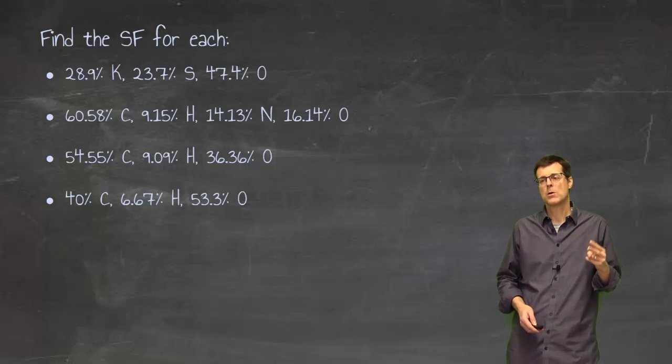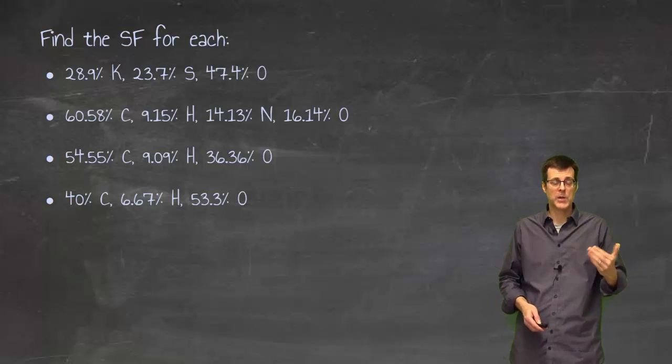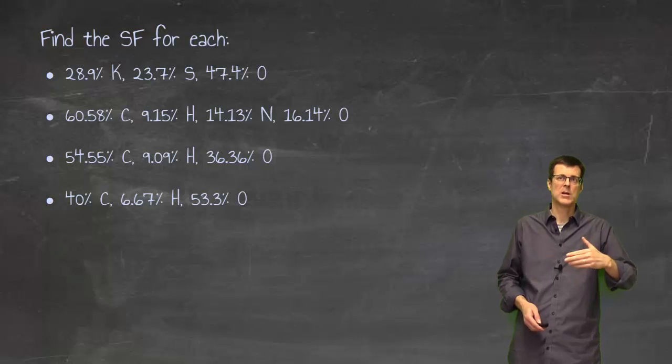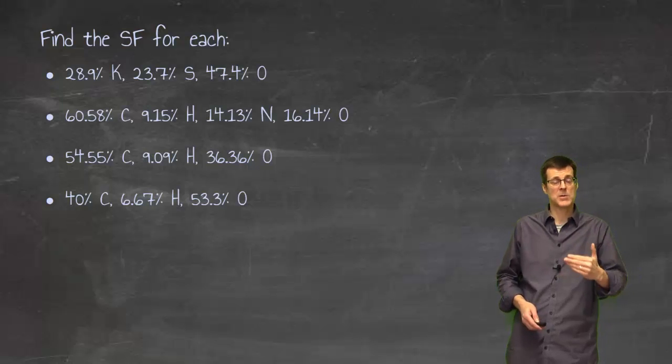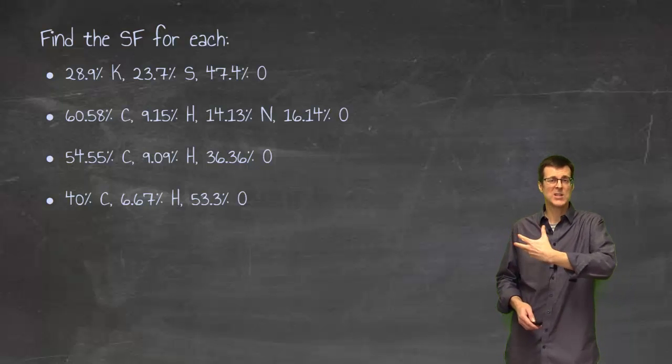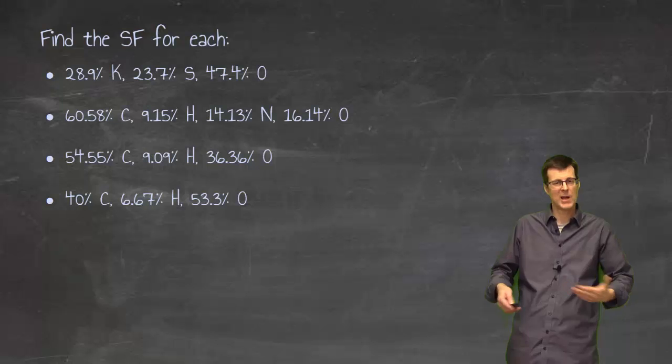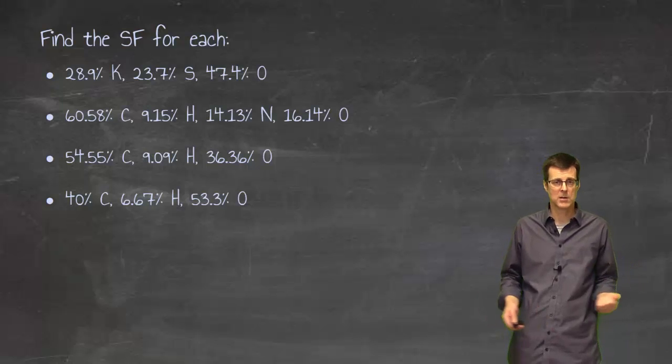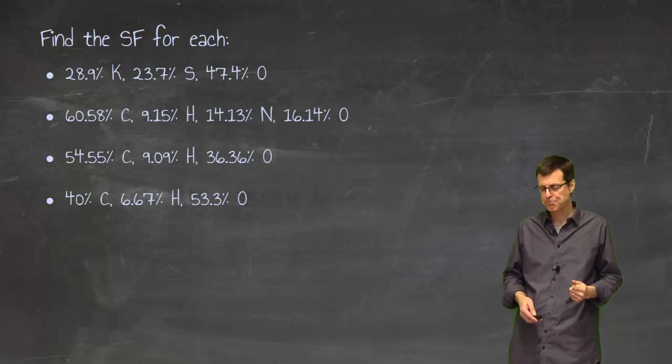The second thing that can go wrong is too much rounding. If you're rounding off too much, then you might not see that something is a 2.5, or when you divide by the smallest, nothing looks like a whole number. So don't round off too much or too early.